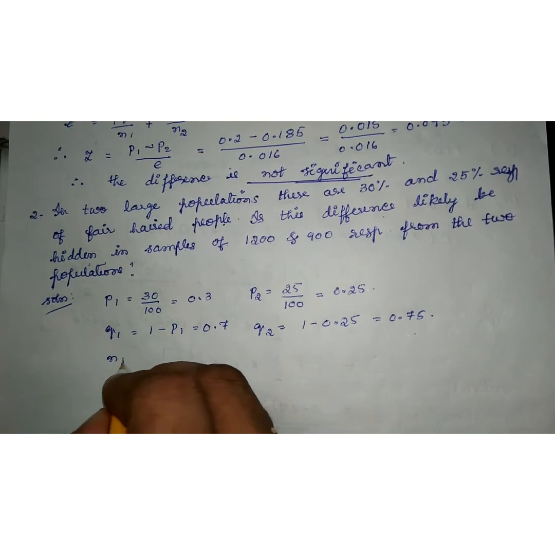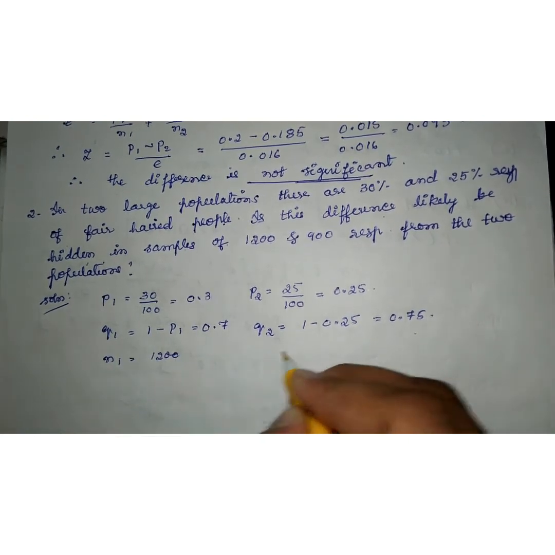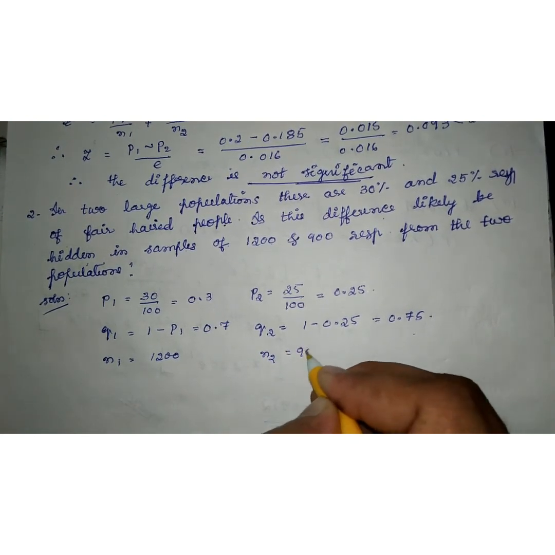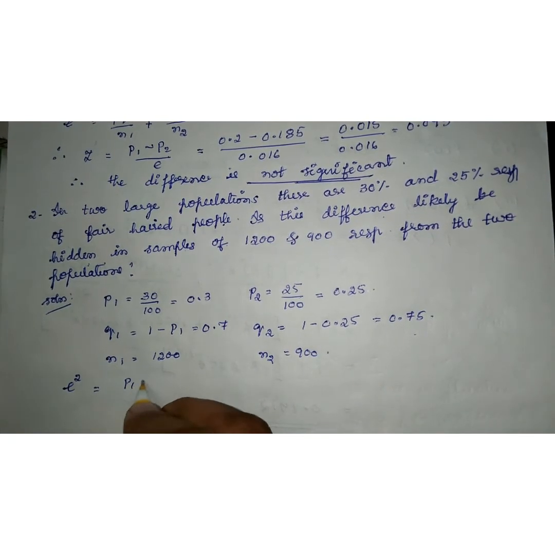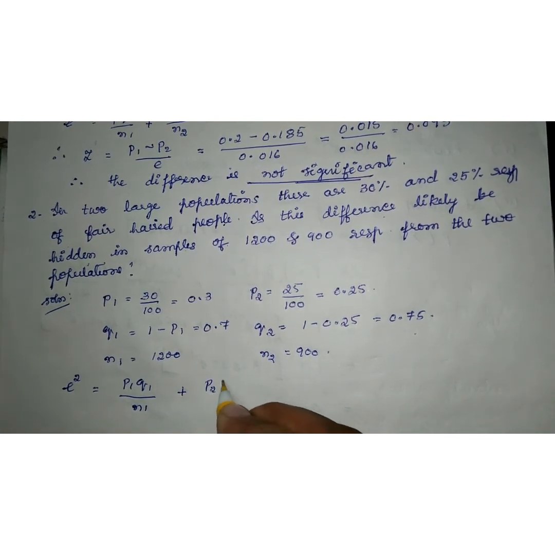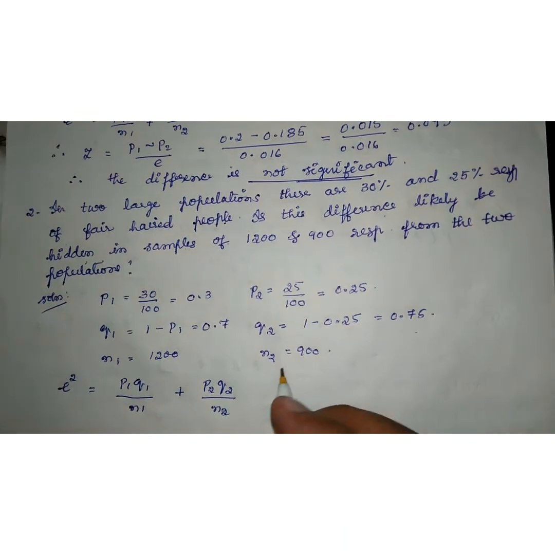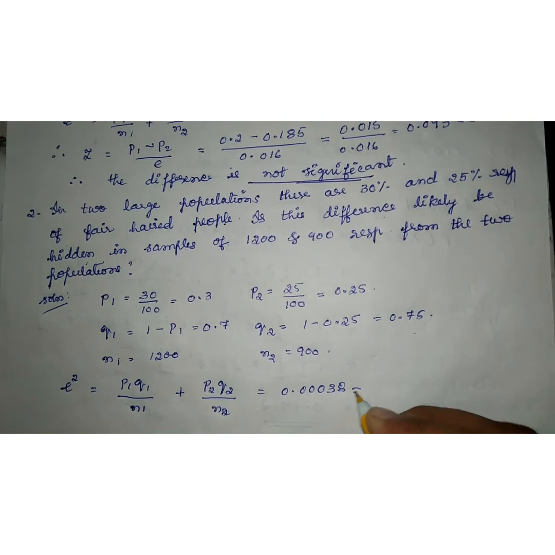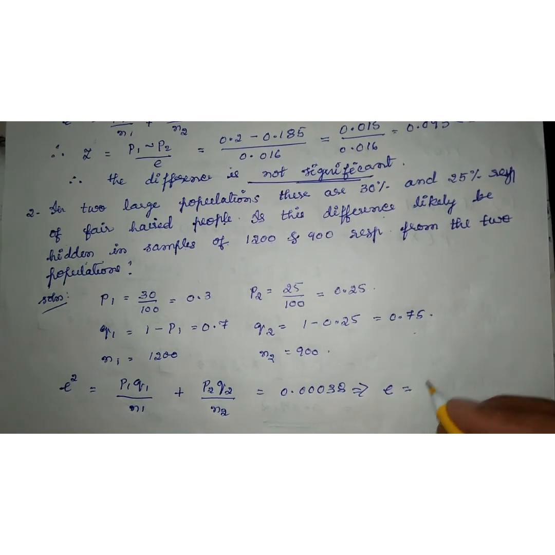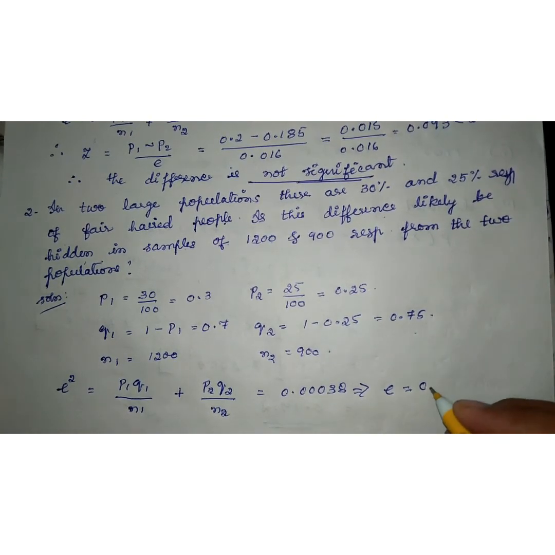Then n1 is 1200 and n2 is 900. So let us directly find the standard error, E square equal to p1 q1 by n1 plus p2 q2 by n2. So you get 0.00038, and further taking the square root, you get E as 0.0195.